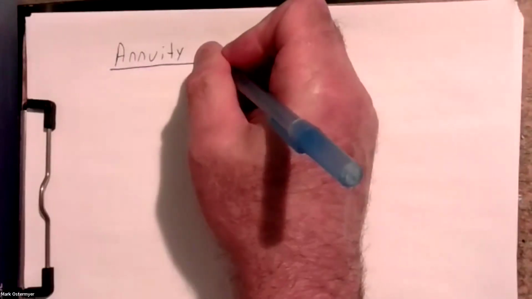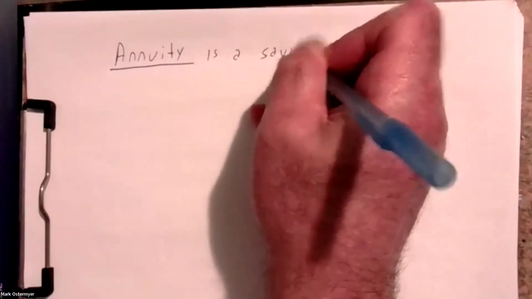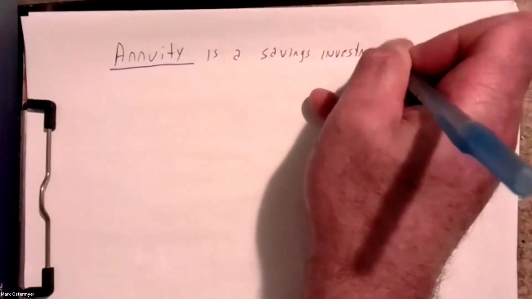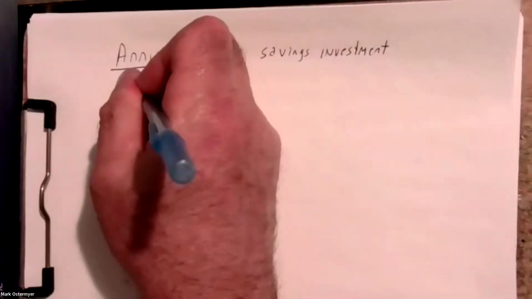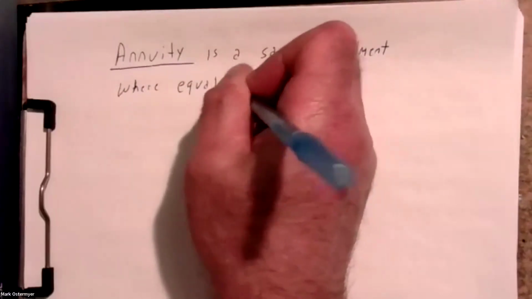What is an annuity? An annuity is a savings investment where equal payments, this is the key, equal payments.